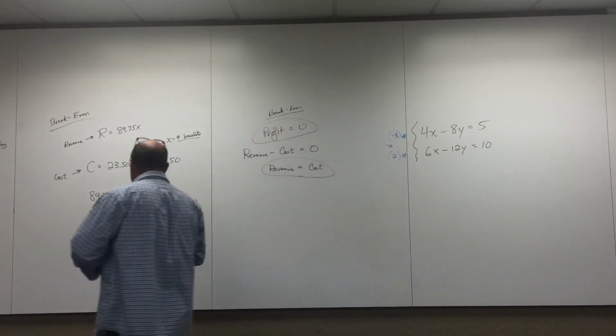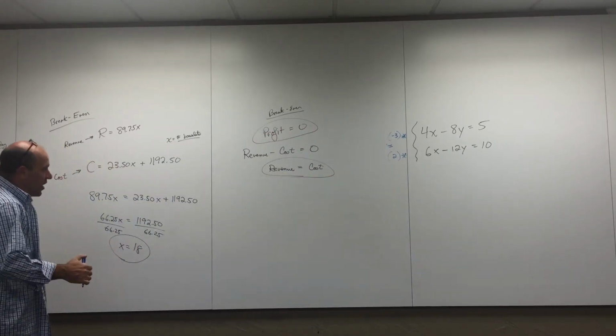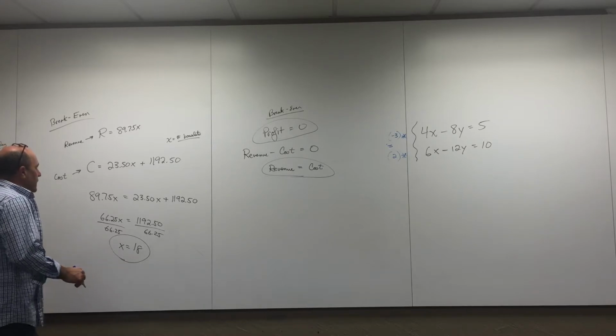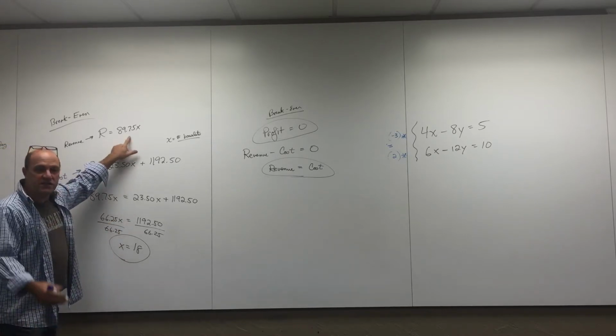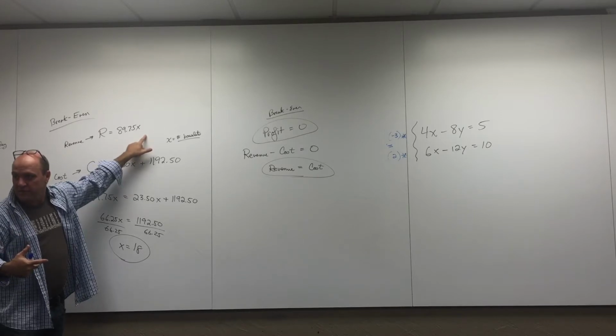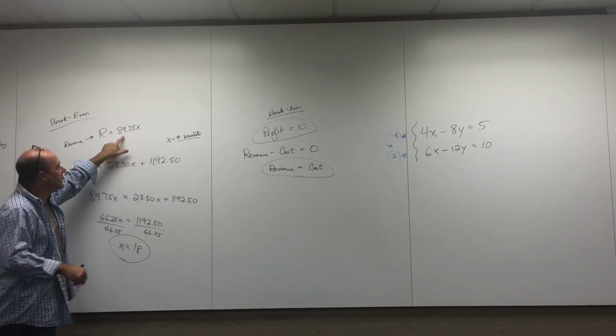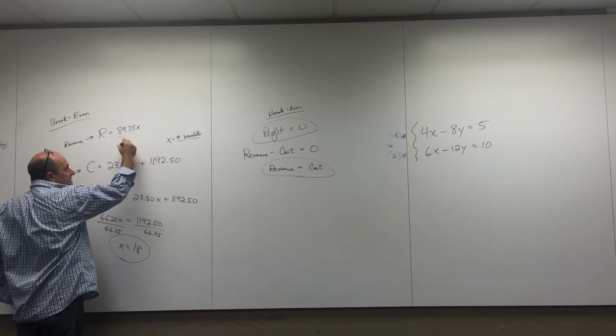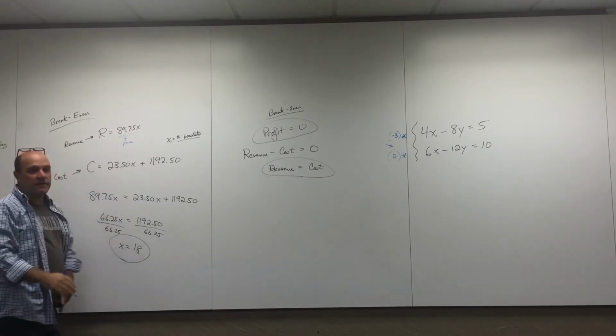I'd like you to know this, and I think we'll work on this all semester. The revenue is the money you bring in from selling X number of things. Well, then it turns out that's the price. That right there is the price.